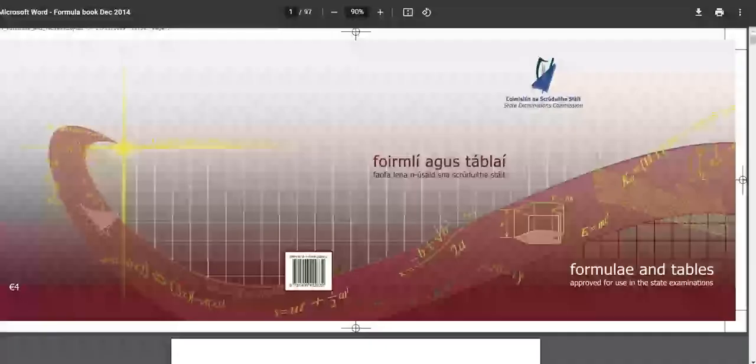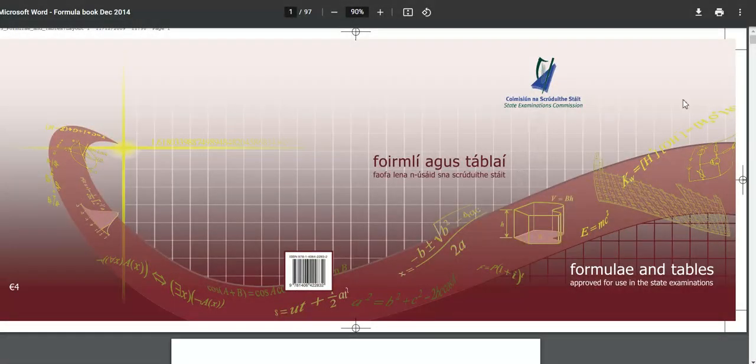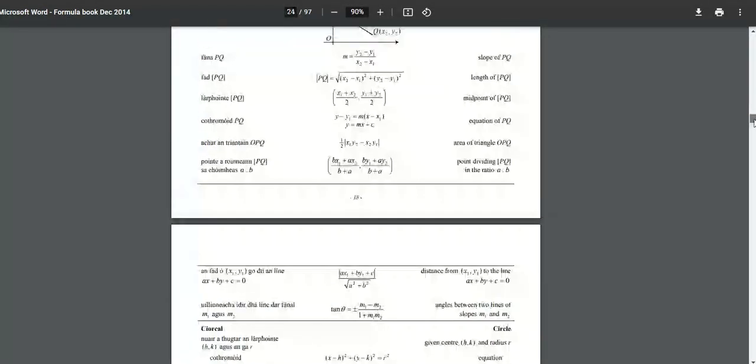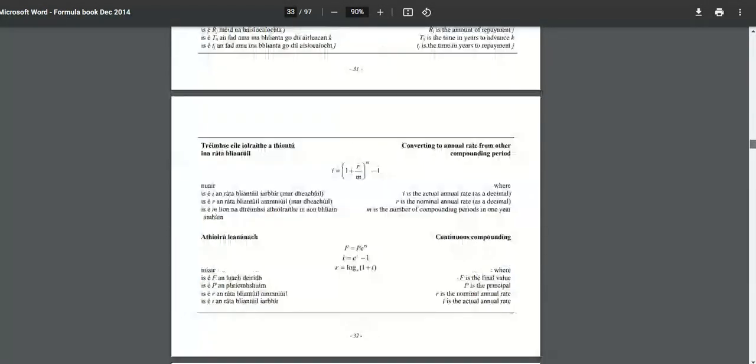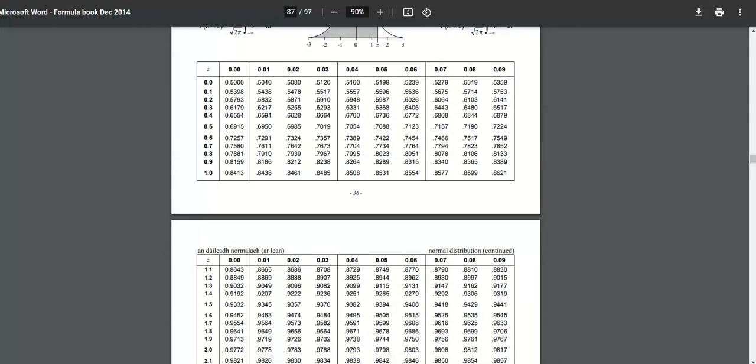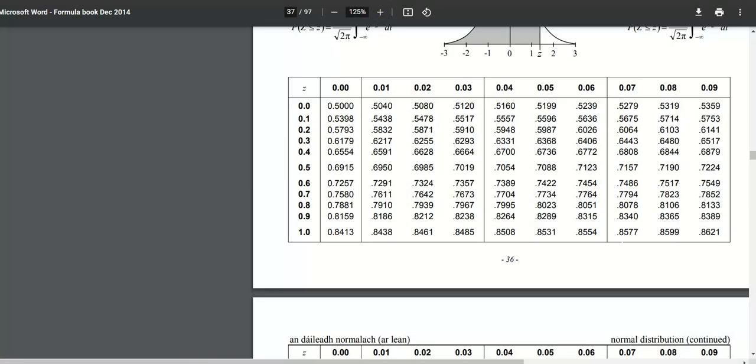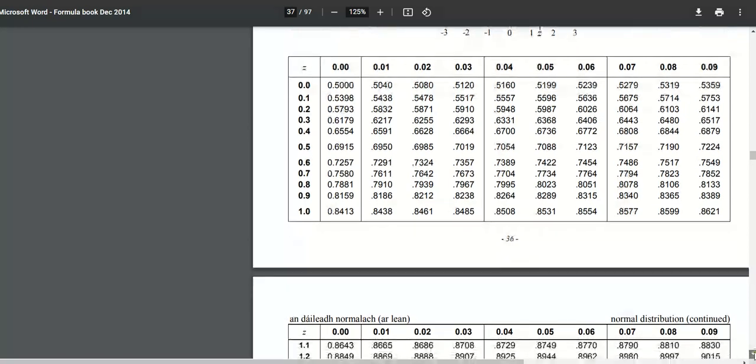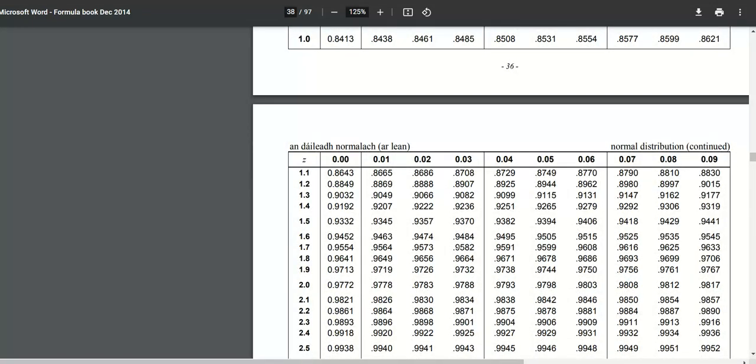So if I go to my table and I look for that on page 33 or something, here we go. I'm looking for 0.9219, yeah? It's very close. There's 1.41 and 1.42.